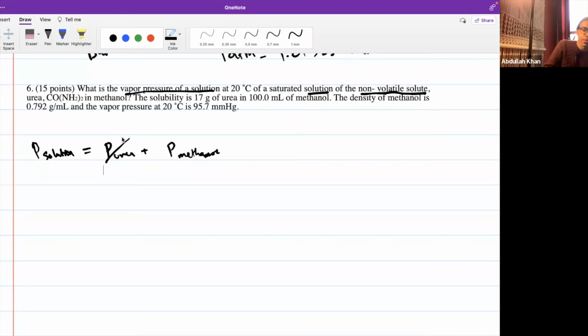So all we need to do is to figure out the pressure of methanol in solution. And that, we recall, is given by i times P0 times mole fraction of methanol. Methanol, no information is given about whether it's molecular or ionic. What's your guess? What is the i value for methanol?